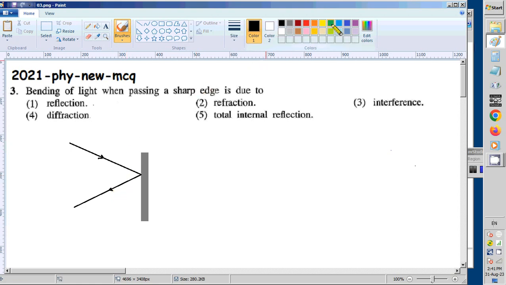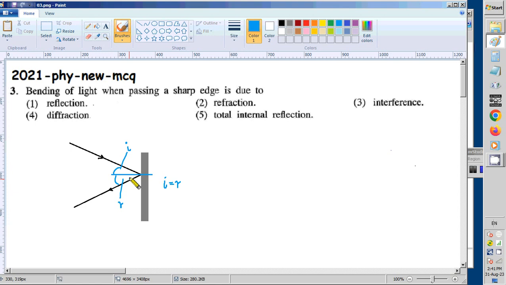We have to draw a normal line perpendicular to the boundary at the point of incidence. Then the rule is that this angle equals this angle: the incident angle is equal to the reflected angle. Calling the angles I and R, I equals R.